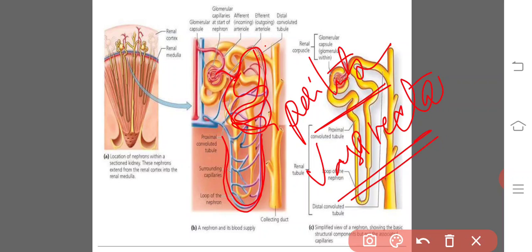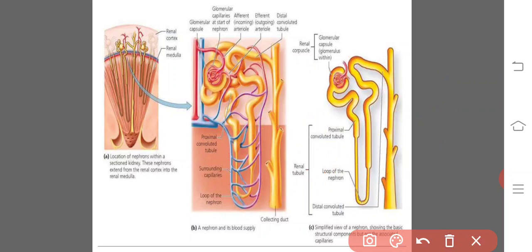So we have to remember, the efferent arteriole gets distributed over the proximal and distal convoluted tubules as the peritubular capillary network, and the same network extends in the medulla near the loop of Henle, known as the vasa recta.